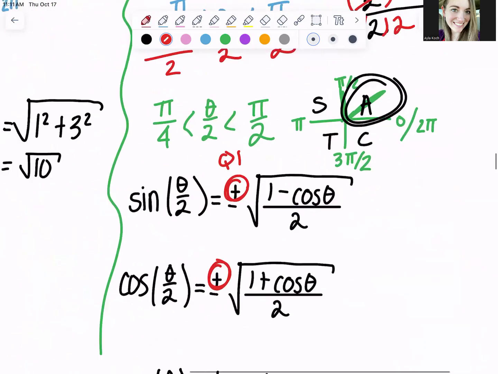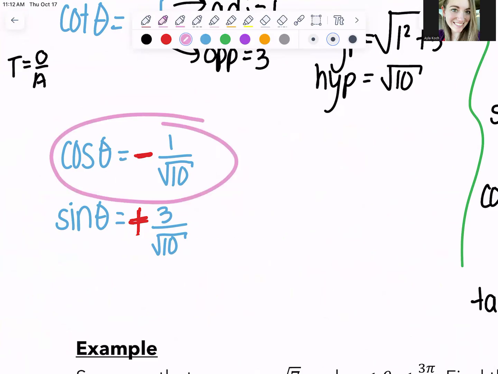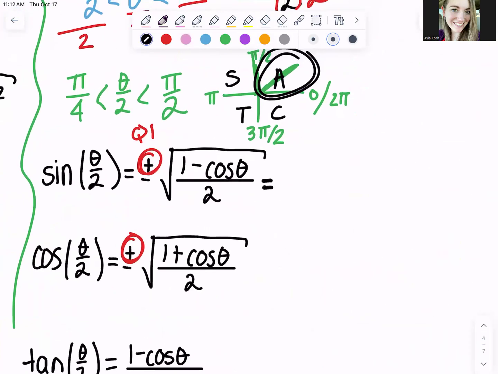And then cosine of theta from right over here is, we'll just make you pink. Cosine of theta is negative 1 over square root 10. So this is 1 minus negative 1 over square root 10. Oops, no wonder that looked bigger.